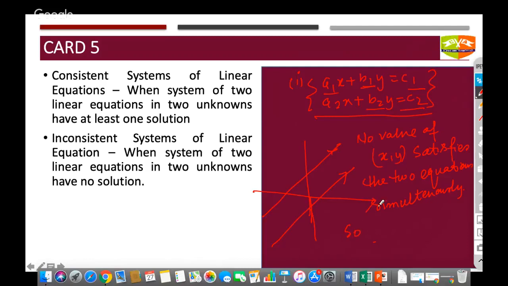So in that particular case, the third condition, which is no solution, would be observed here. Now what do I mean by no solution is these two kind of cases.